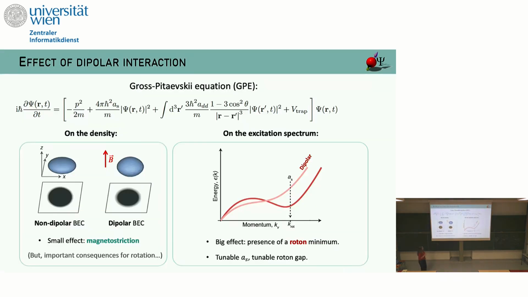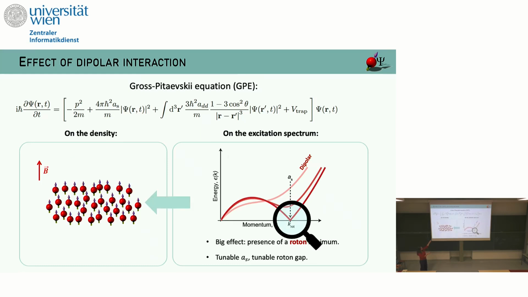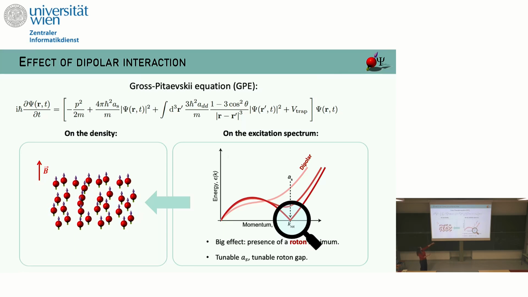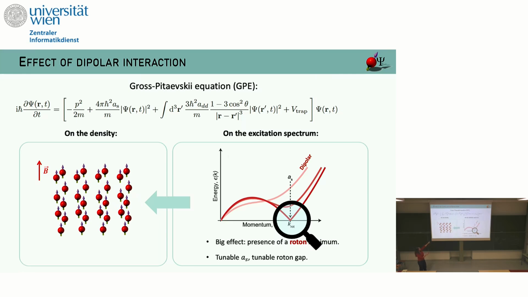So to recap everything I said so far: take the Gross-Pitaevskii equation without the Lee-Huang-Yang interaction. The effect of the dipole-dipole interaction is to change the ground state of a BEC a little bit, and to change the excitation spectrum tremendously by making a roton minimum emerge. Then change the parameter a little bit, make the dipolar interaction more important, the roton will soften, and the system will develop a sort of modulation.